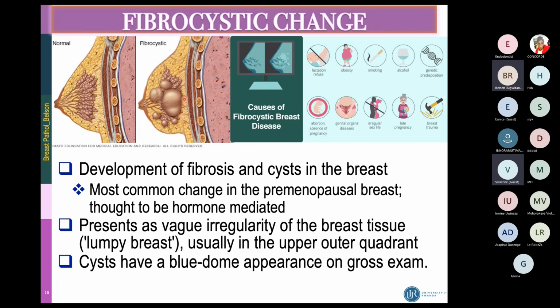So on histology, usually fibrocystic disease looks like a fibroadenoma. You have increased glandular tissue, hyperplasia, but also hyperplasia of the stroma, fibrous tissue. But what is added in fibrocystic disease is that you also see small cysts, masses filled with fluid.